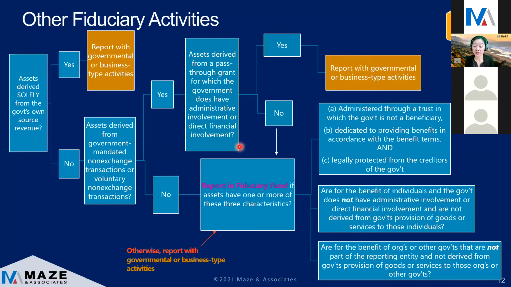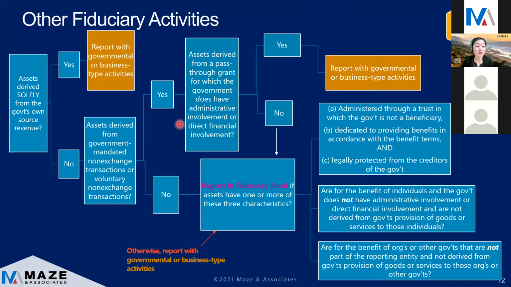Again, an example of direct administrative involvement is if you determine the eligible expenditures, and an example of direct financial involvement is if you have matching resources. If it is a yes, you report it with your primary government.